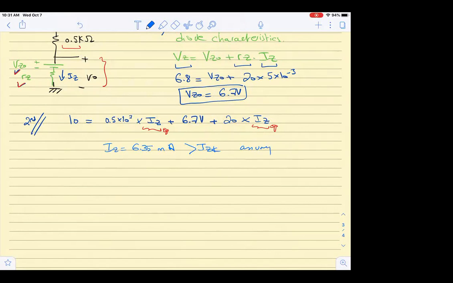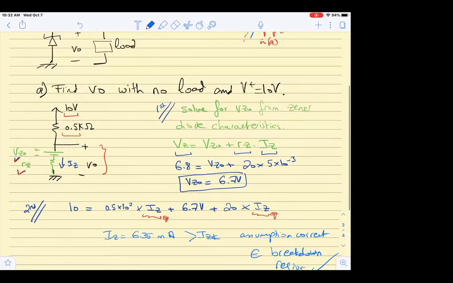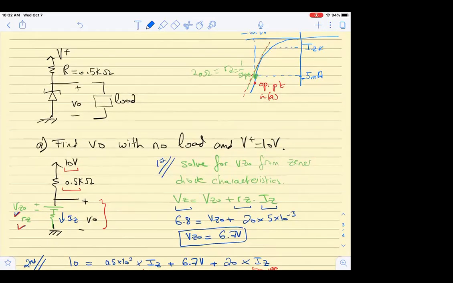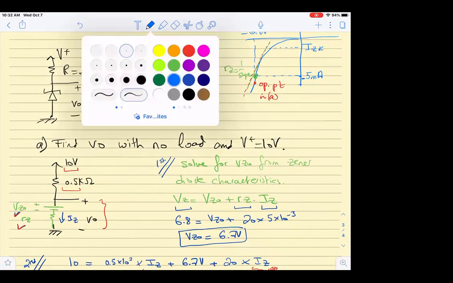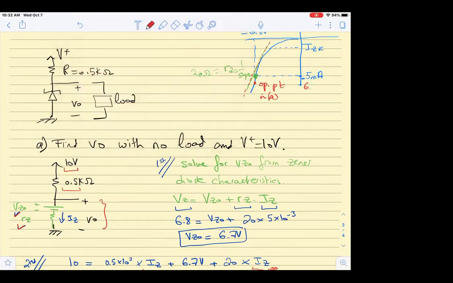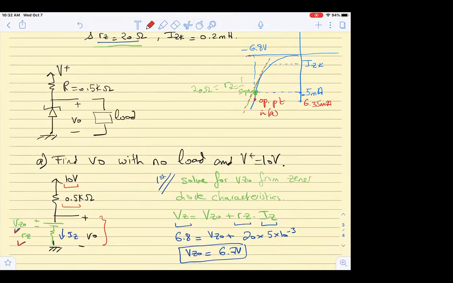That means I am in the breakdown region, because if it came out smaller than that, I would not be in the breakdown region. Okay. And if we look back here at 6.35, it is here. So this is my operating point. It gave me a current of 6.35 milliamps, and it gave me a voltage, which we will now see comes out to 6.83 in absolute value. Okay, this is the current in absolute value.